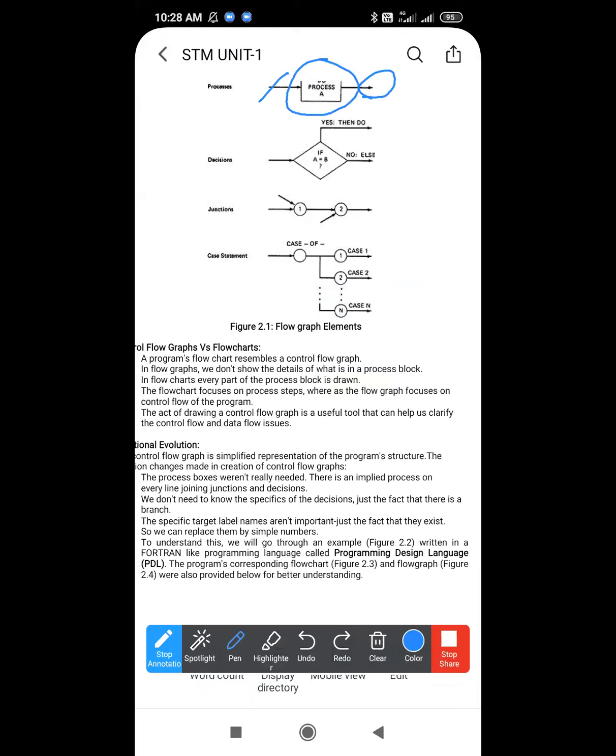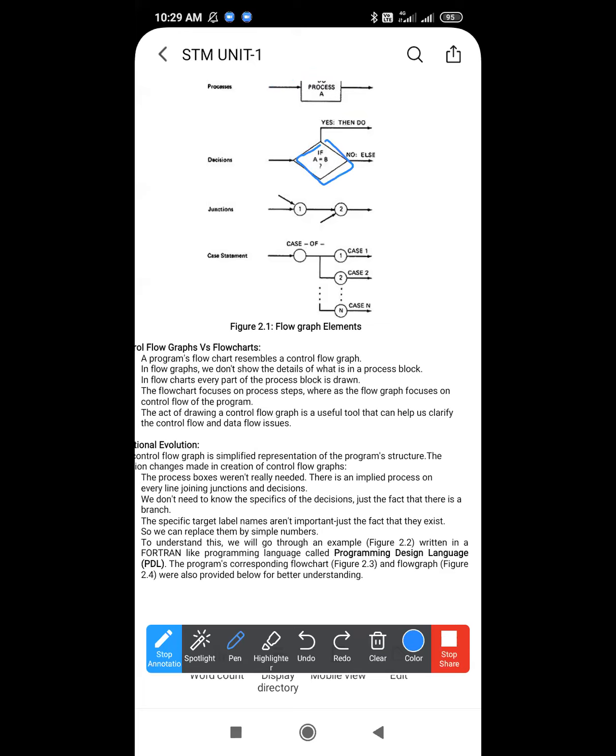Next one, decision. Ma, we know about the decision statements. It has two outcomes. If it is true, it performs something. If it is false, it goes to the else part. You know about the decision. Okay. Next, junction.